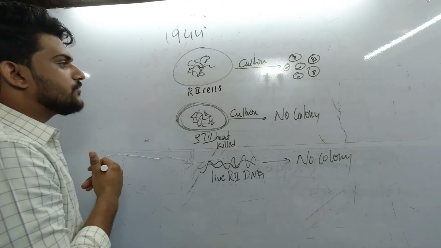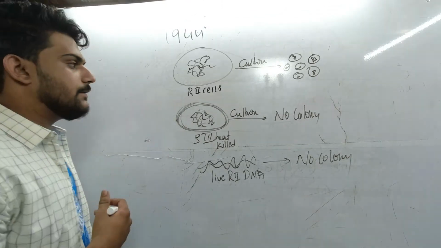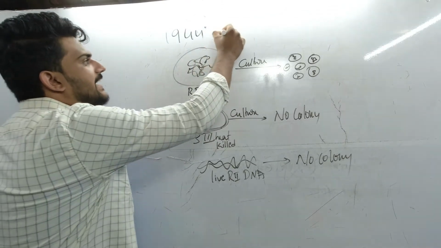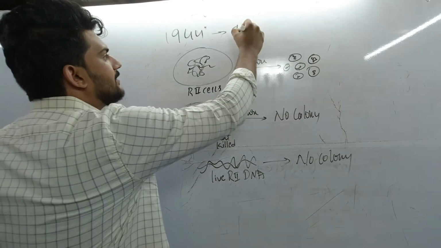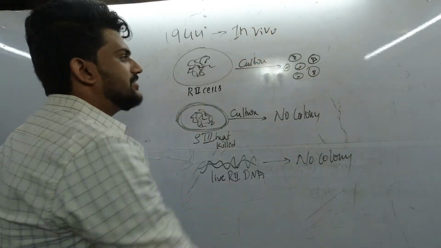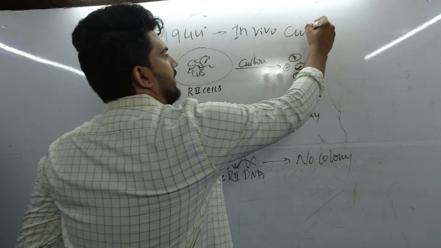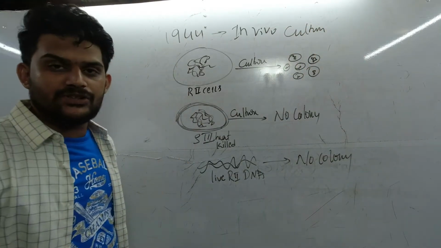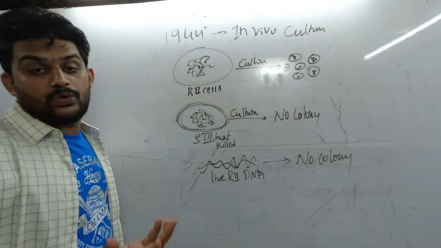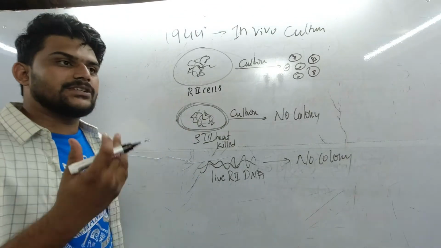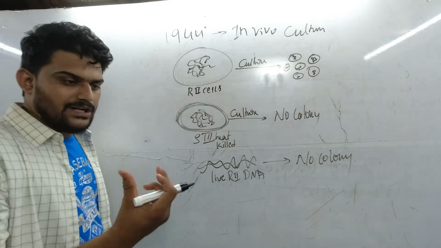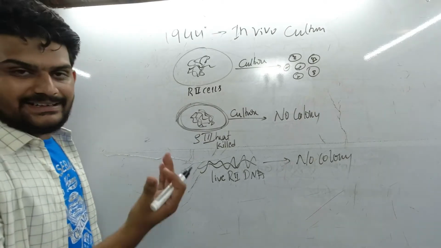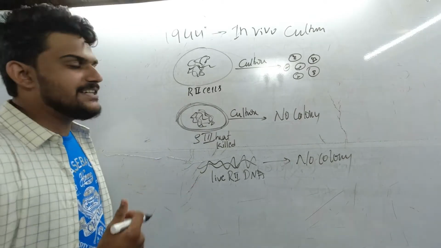How did they prove this? They started an in vitro culture method, where there is no usage of any animals or mice. In vitro means inside a laboratory, in a test tube, a petri plate or a culture media.